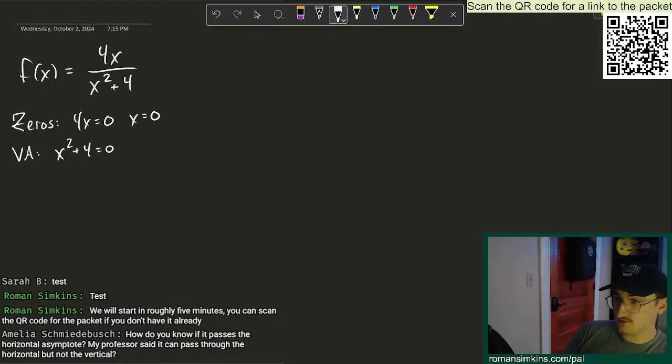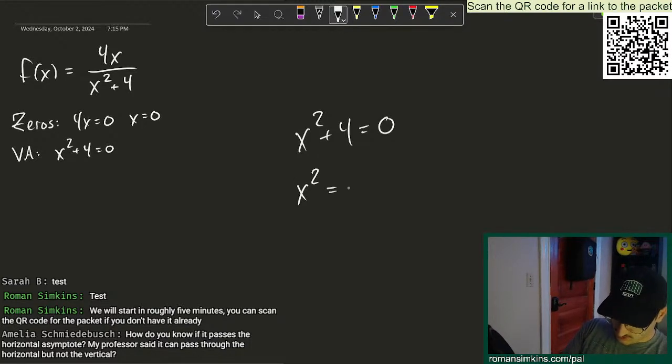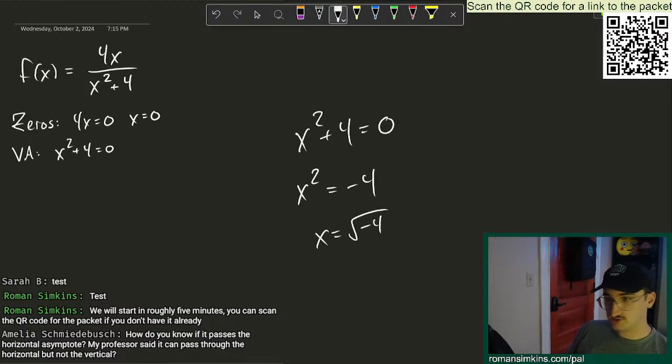And then this is where the interesting thing happens, right? If I try and subtract my 4 and take my square root, I get the square root of a negative number, which is heavily discouraged in this course. I mean, we're just simply not going to treat this as a real answer.